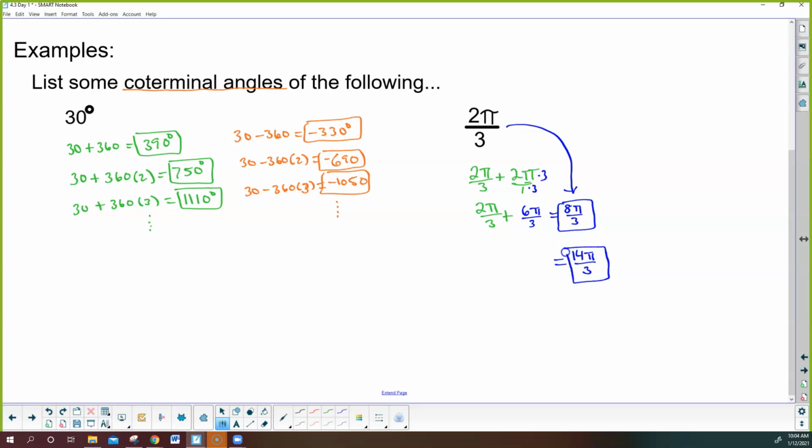That's the fast way to do it. That's another coterminal angle. And what if I add another 6 pi over 3 to this answer? Well, 6 plus 14 is 20. And we could keep going. So every time we add a 2 pi or a 6 pi over 3, that's going around the circle one more time.